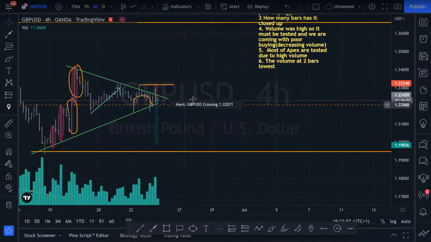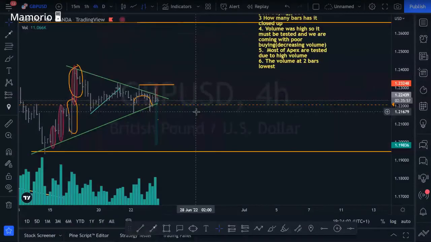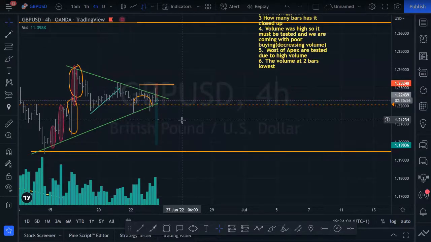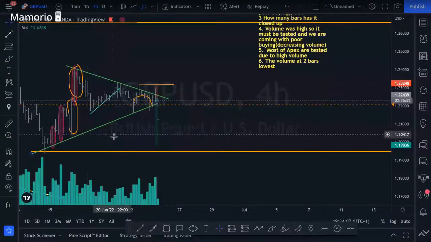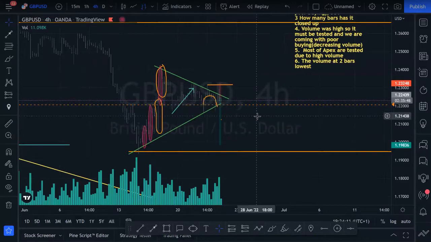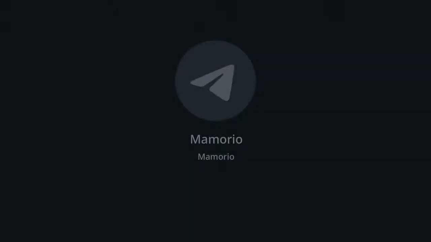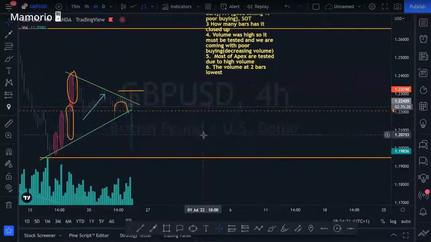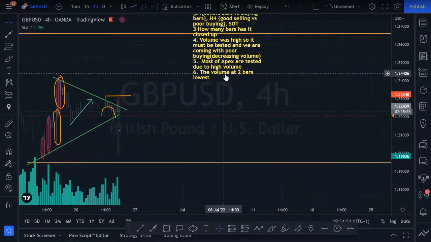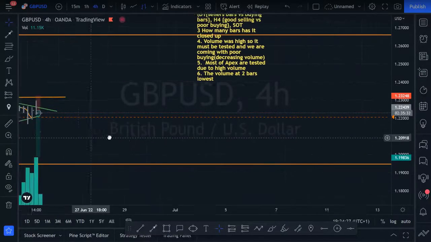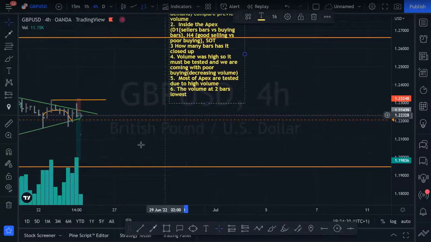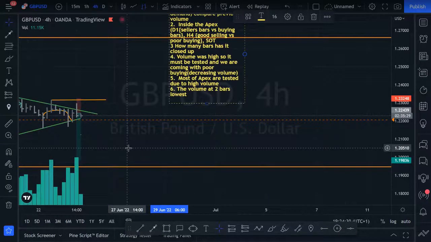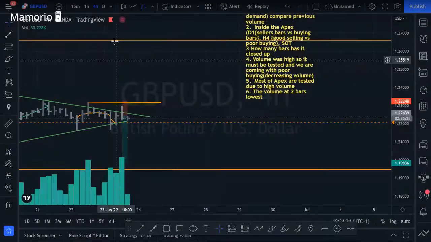So if this market is going to leave you, don't worry, because due to the volume, the cost that has been used to create this apex, we must come to test the apex to see if there is any demand that has been left. The volume at two bars are lowest.